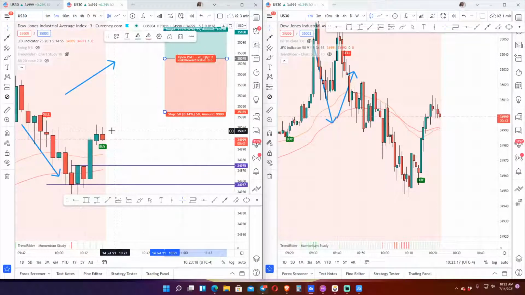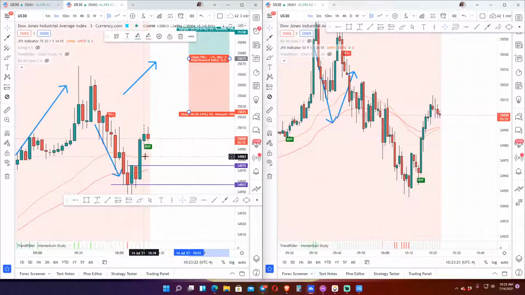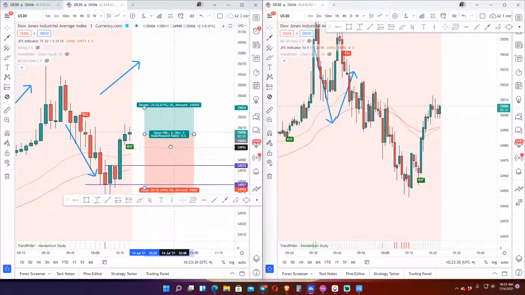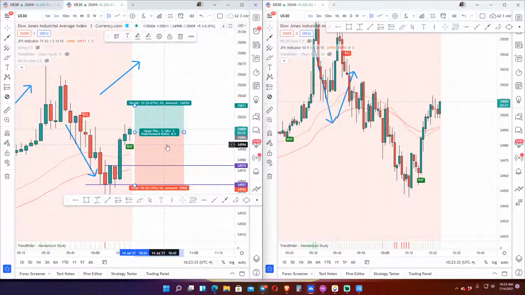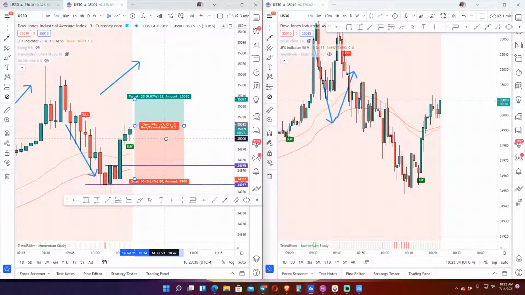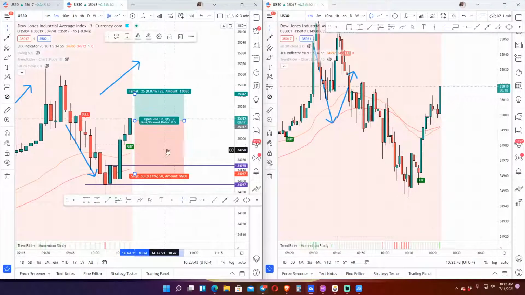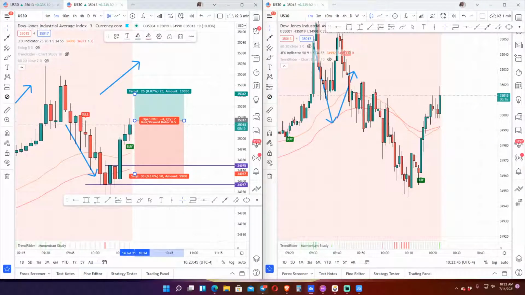Yeah, this market is very choppy today. All right, it's 20 seconds until this candle closes. If it closes with that buy signal on the green, then I'm hopping in this trade. So let's see.